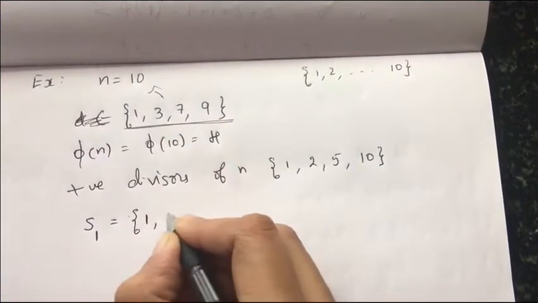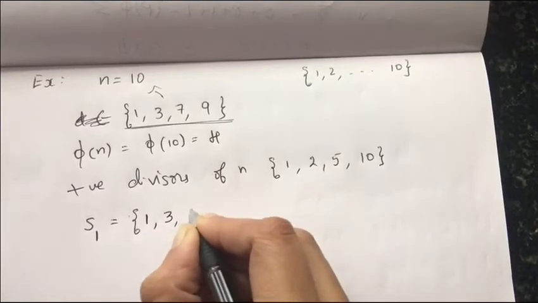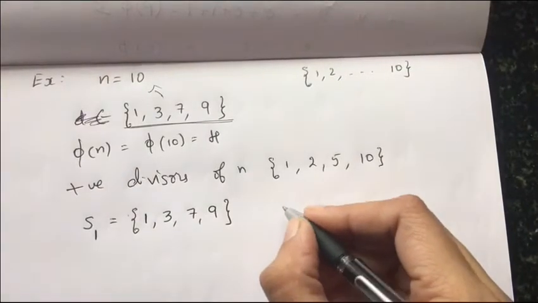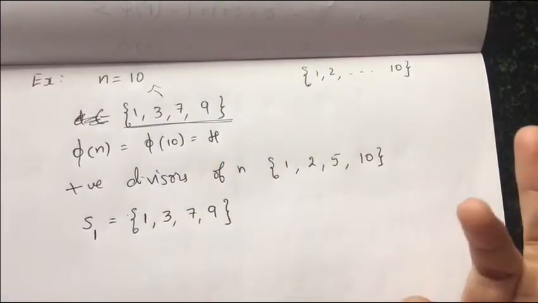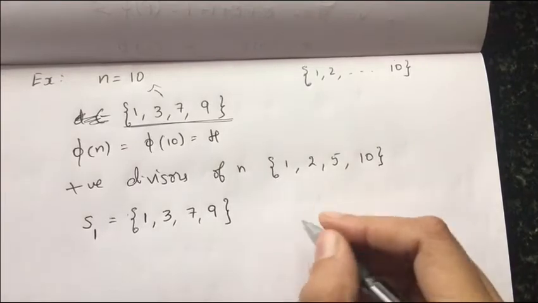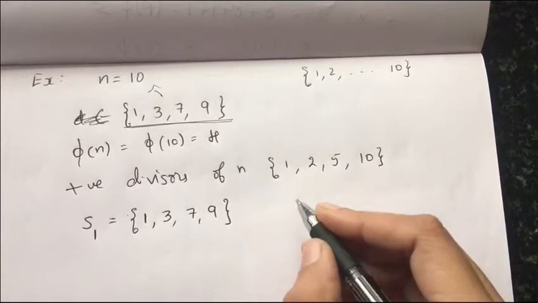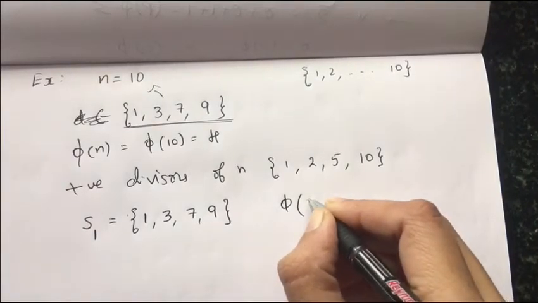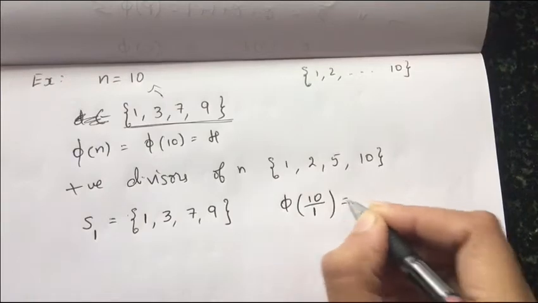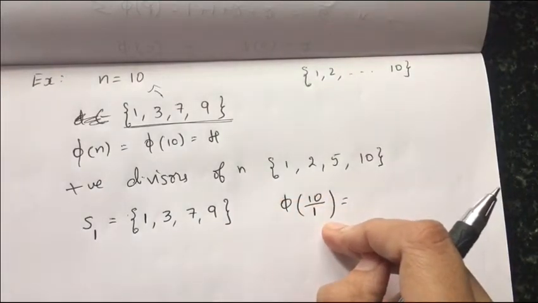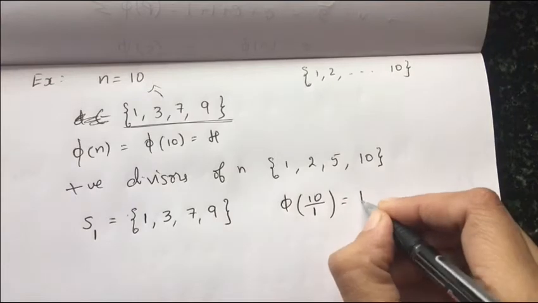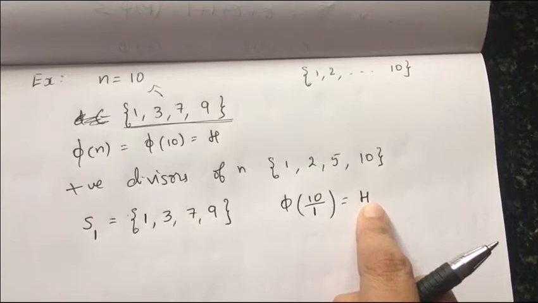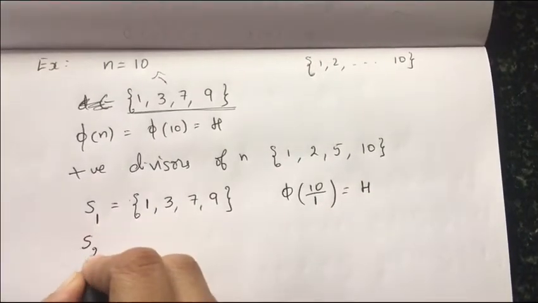So it is 1, 3, 7 and 9, right? In fact, you check with this. It should be equal to phi of n by D, right? Phi of n by D, n is 10 and D is 1. So it is phi of 10, which is nothing but 4. So how many integers are there in this? 4 integers.